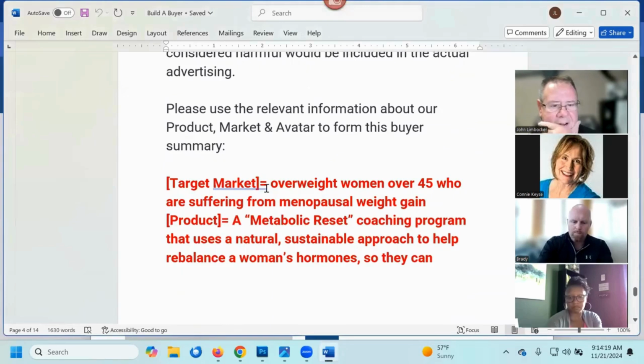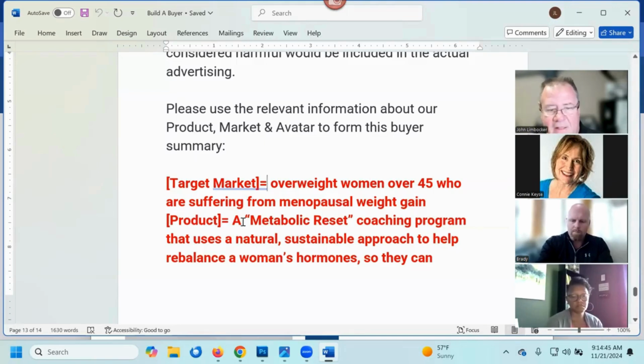Okay, so here, this is the information that you need to put in. You actually need to feed this information into it so it has the relevant context to actually do this work. So you have to define who your target market is. Like here, I'm putting in, overweight women over 45 who are suffering from menopausal weight gain.